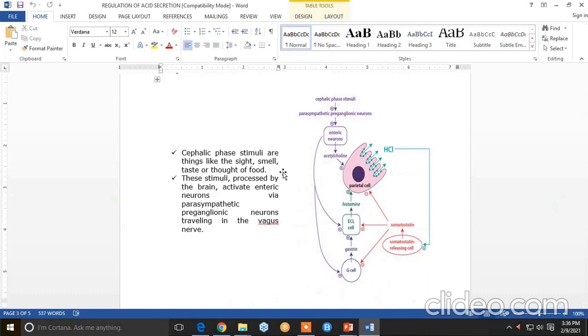These stimuli are processed by the brain and activate enteric neurons via parasympathetic preganglionic neurons traveling in the vagus nerve. Now see, cephalic phase stimuli go to the parasympathetic preganglionic neurons, then to the enteric neurons to release acetylcholine, and next pass to the parietal cells.